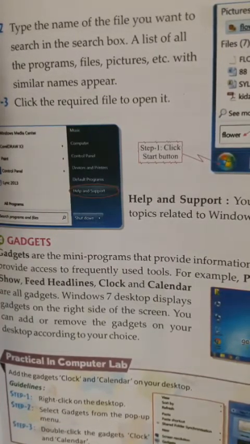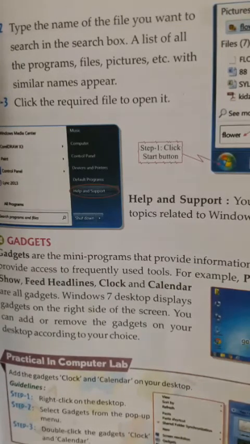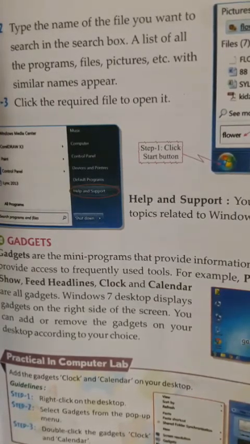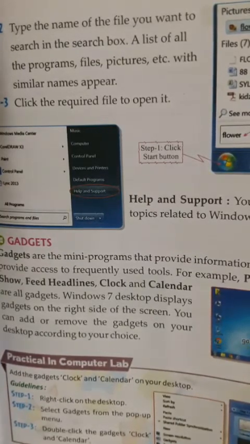So class, today we have learned about the desktop, the icon, the taskbar, the start button, how to search files, and lastly the gadget. So you read the chapter and just practice.